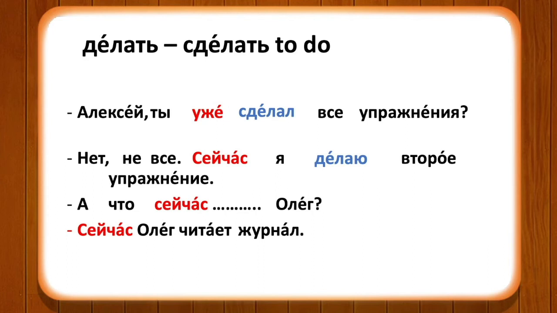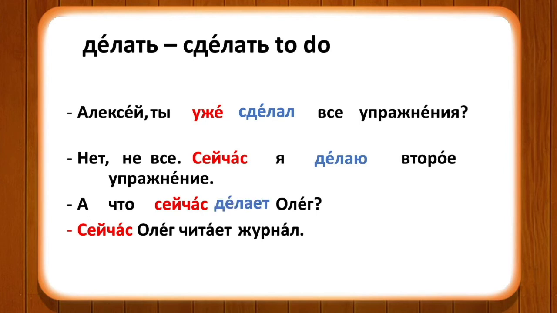In the next sentence, а что сейчас dash Олег? Again, the adverb сейчас indicates right now. So the action that is taking place right now will be denoted by the use of the imperfective verb. Even in this sentence, we will be using the verb делать, used according to Олег, which is the name of a boy.